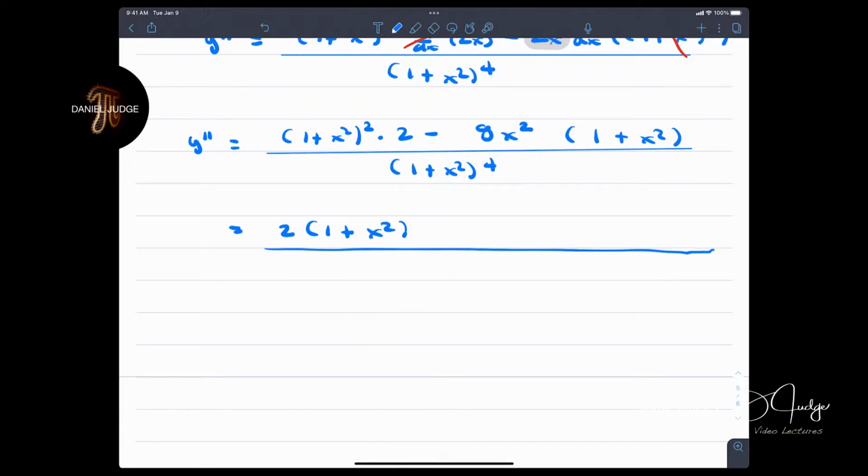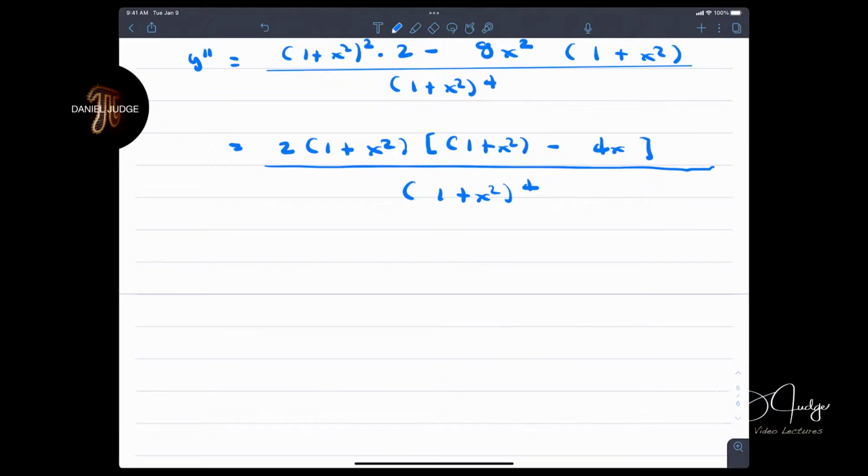Taking out the greatest common factor leaves me with a 1 plus x squared now, minus, now let me be careful. 2, 1 plus x squared to the first power leaves a 1 plus x squared, minus a 4x only, over 1 plus x squared to the fourth power here.